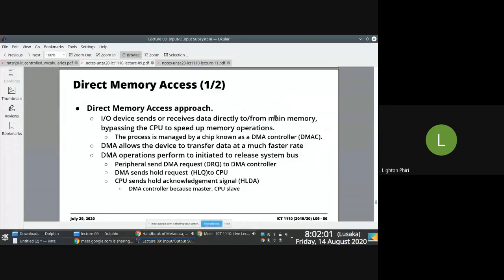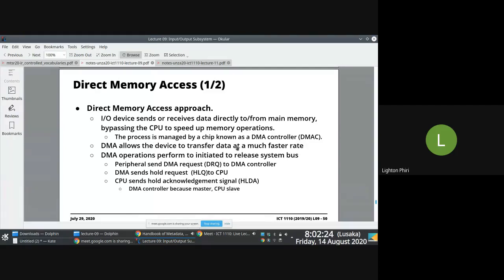Right? So that would be the hold request. Essentially, you're requesting to temporarily gain access to the address bus. Right? And then the CPU will send an acknowledgement to say this is fine, you can go ahead. And then boom, the DMA controller will now have access to the address bus, and data can be transmitted to and from main memory.